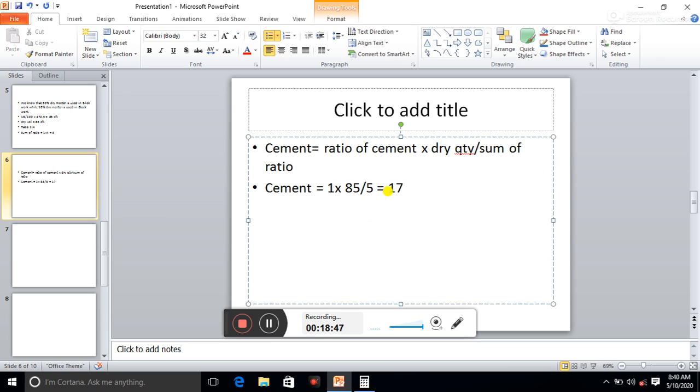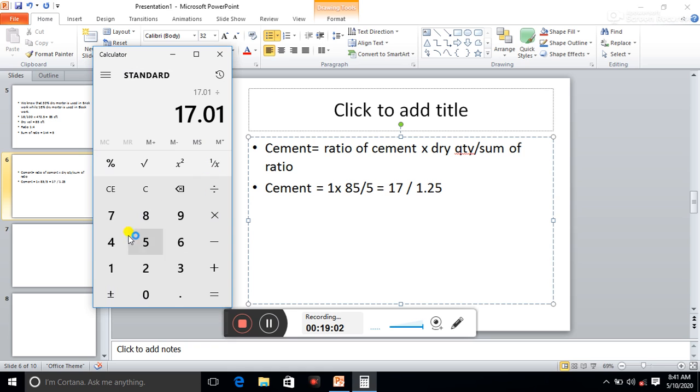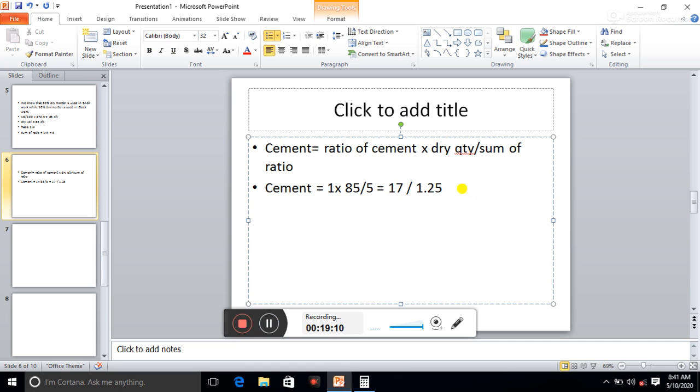Now we will convert into bags. We will divide 17 by 1.25, which will give 13.6 bags, meaning 14 bags of cement will be used in these walls.